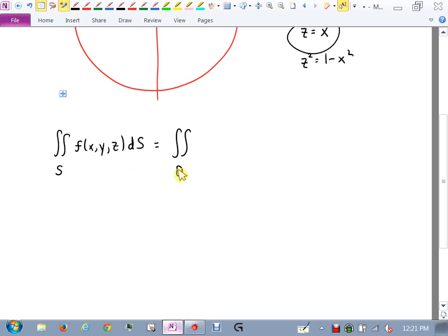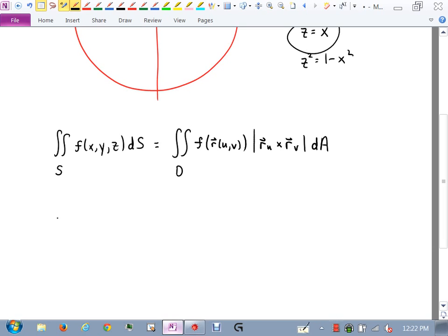D is the restriction on u and v that draw S. And then I have f of r(u, v), times the magnitude of the partial of r with respect to u cross the partial of r with respect to v, dA. So that's just the formula, right?